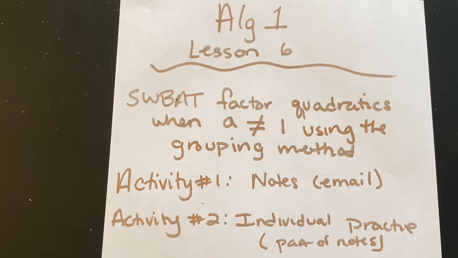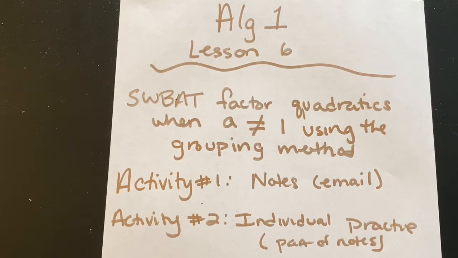Activity 1. First, I'm going to give you a glimpse of the answers to your individual practice from last lesson, where you factored 4-term polynomials using the grouping method. And then we're going to go over the notes for factoring quadratics when the coefficient a is not equal to 1.